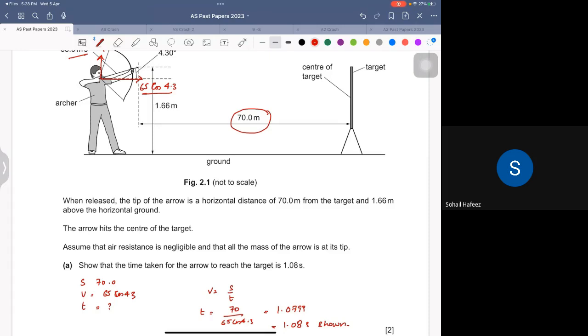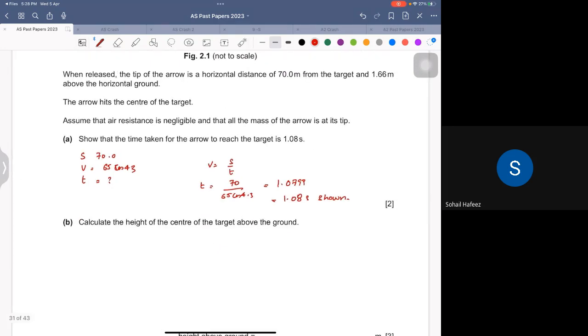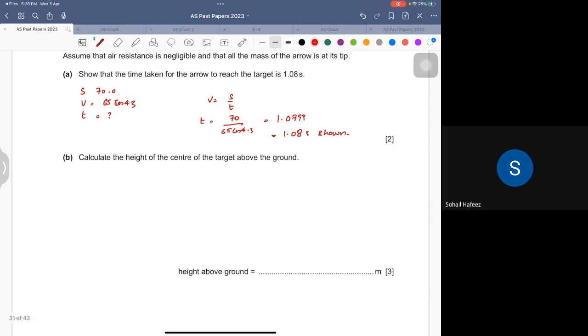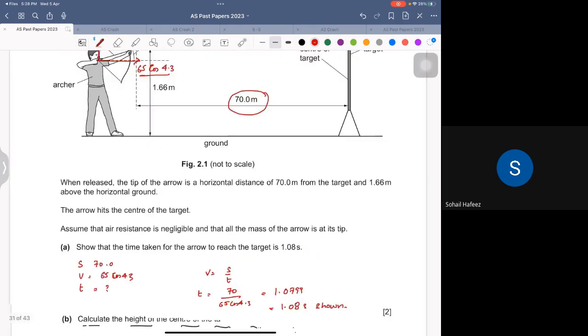Okay, now, so then we're going to go to the next. In the next, we're going to see what exactly they are asking. So it's saying calculate the height of the center of the target above the ground.